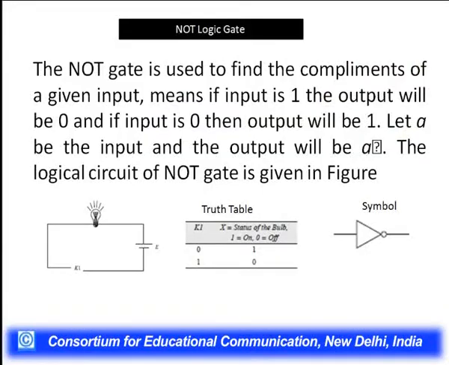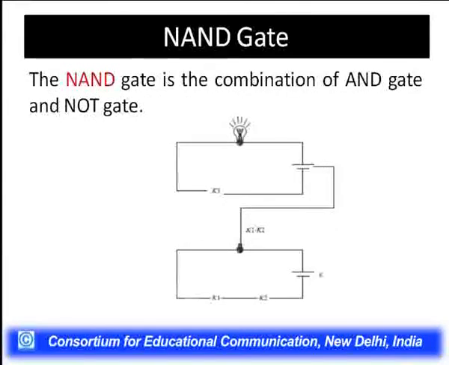If light has gone, then the inverter will be on. So if the input is 0, then the output will be 1. If the input is 1, the output will be 0. So 0 1, 1 0, and the symbol used in designing the circuit is given after the truth table.